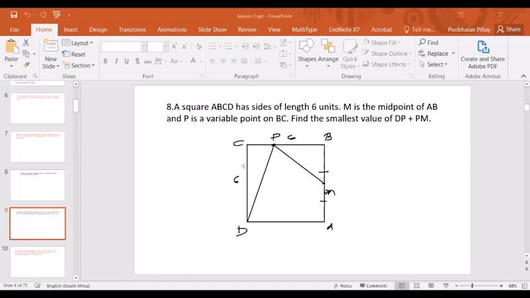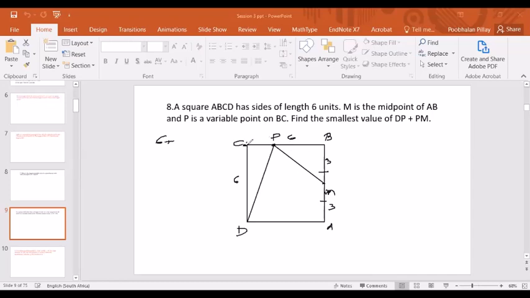If I started at C, if P was at C, what do I have? If P was here, then DP would have been 6. And PM would have been from here to here. And by the way, this is 3, because this is the midpoint.